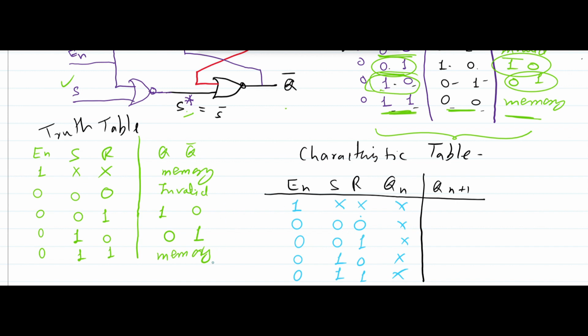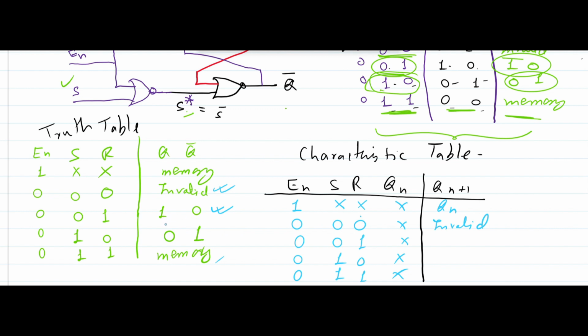Now if you see from this truth table, for En is 1, S, R, Qn I don't care. My Qn plus 1 will be Qn. If En is 0, and if SR is 0 0, in this case I am getting an invalid state. Then when SR is 0 1, I will get 1 0, correct?